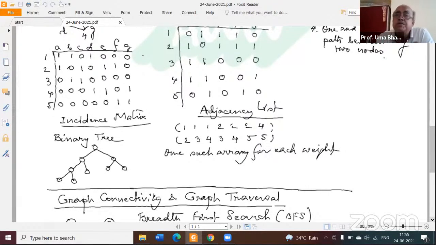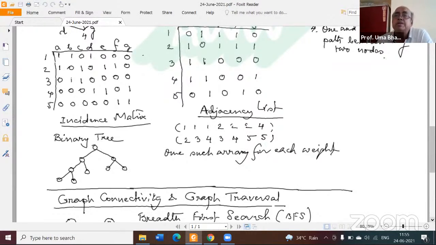And if this is a binary tree, it can have at most, remember the word I'm using, at most 2 children. If each node in the tree, excepting the leaf nodes, has exactly 2 children, then it is known as a complete binary tree.